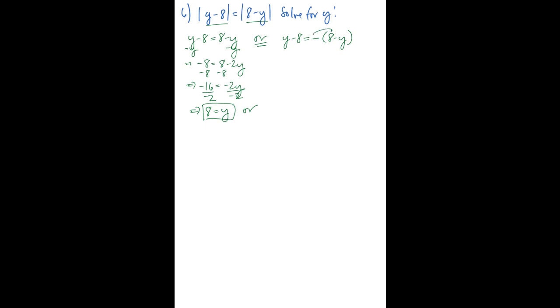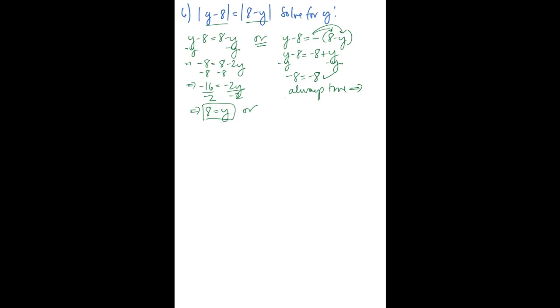Or, what do we get if we do this side? Well, we need to distribute the negative sign to both sides. So we get y minus 8 equals negative 8 plus y, because minus a negative y is plus a y. And then we'll need to subtract y from both sides to get y on one side. Y minus y is 0, so we get negative 8 equals negative 8. This is always true.